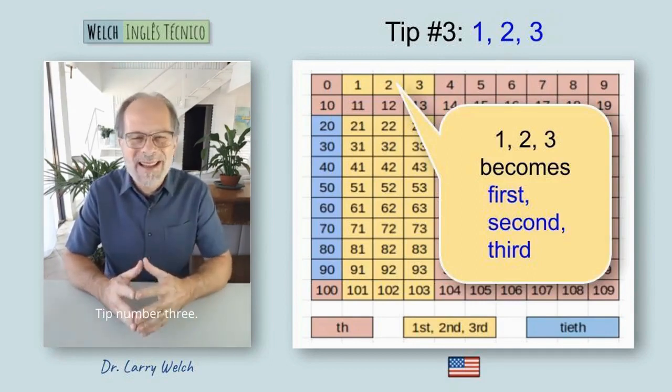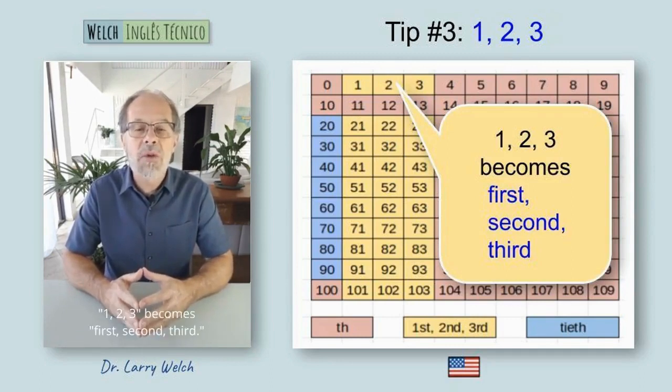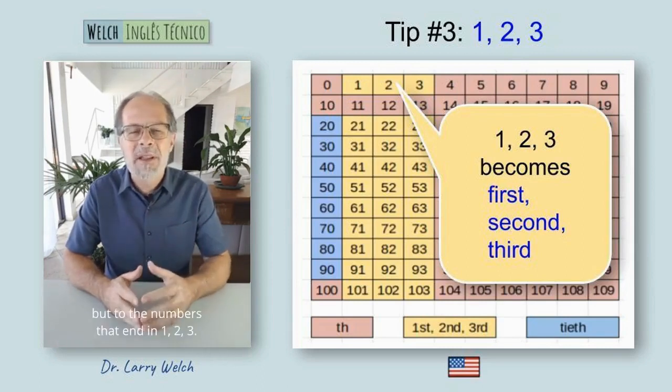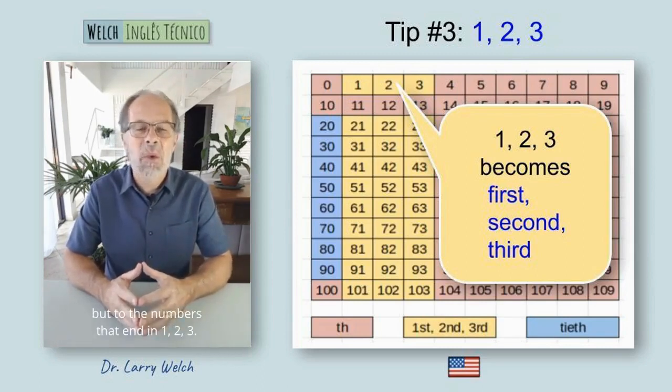Tip number 3, I show these in yellow. The tip is that 1, 2, 3 becomes first, second, third. That applies not just to the numbers 1, 2, 3, but to the numbers that end in 1, 2, 3.